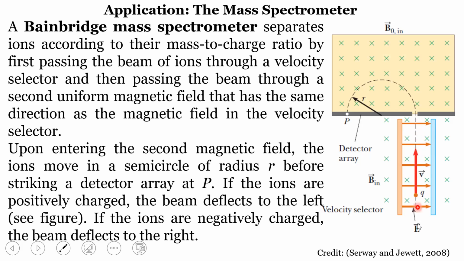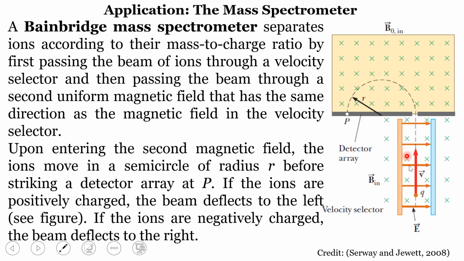Imagine a stream of charges entering this region, and this black line here is the detector. When a charged particle crashes into the detector, the length is determined to know the radius with which the charged particle traveled.